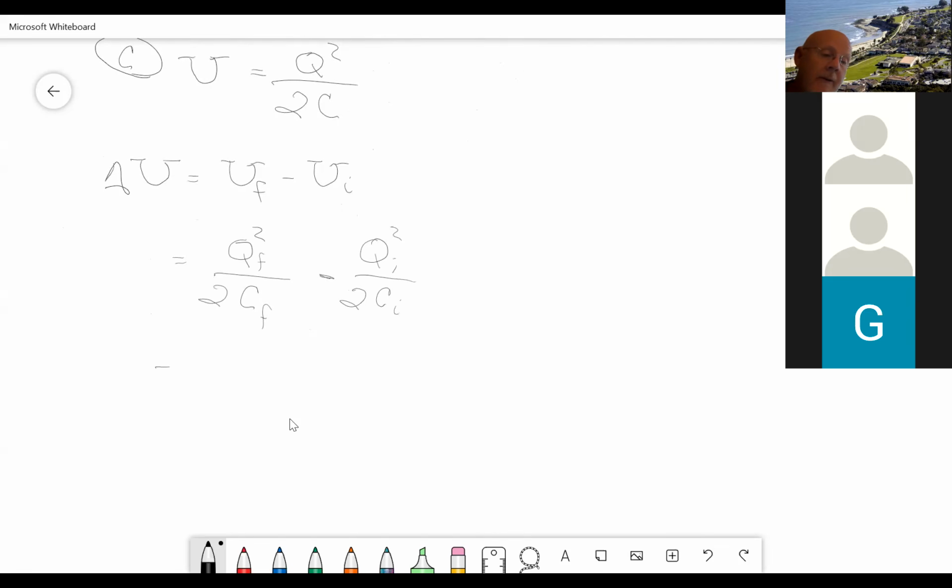And the Q's are the same, and the 2 is the same. So if you'll let me just factor out a Q squared and not call it final or initial, just leave it as it is, then this would be the final capacitance, and this would be the initial.